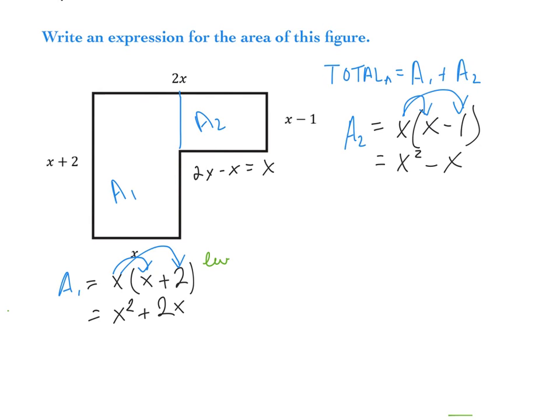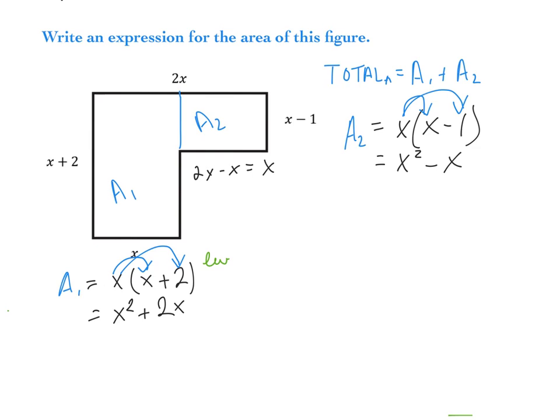Alright, now I need to do a total area expression, or expression that will describe the total area that I have here. And so if you remember, it's A1 plus A2. So I just need to take now these two expressions, this one here, A1, and this expression here, A2, and I can put them together, and then I'll simplify them, and I'll get the expression.